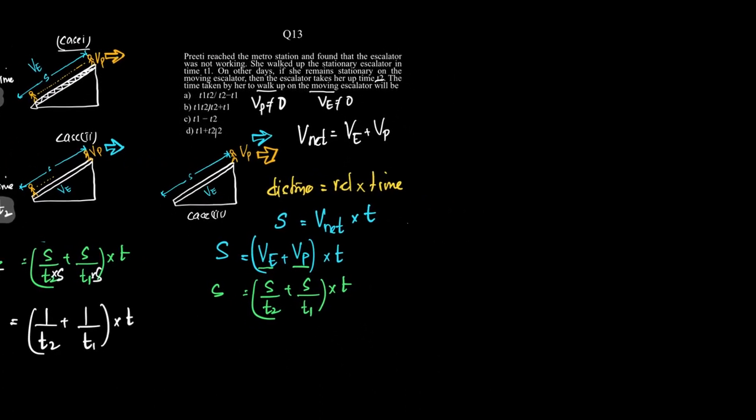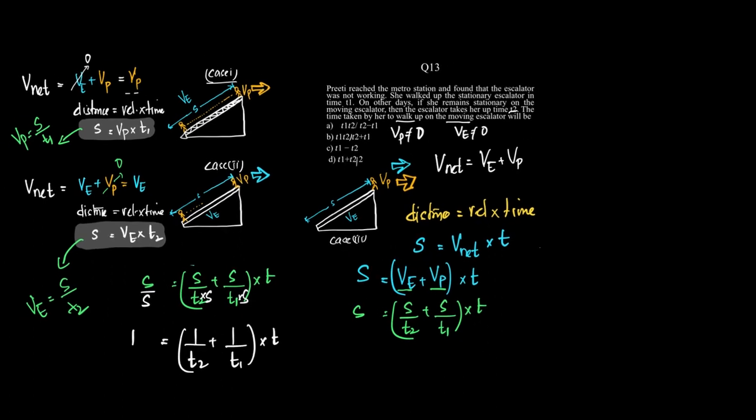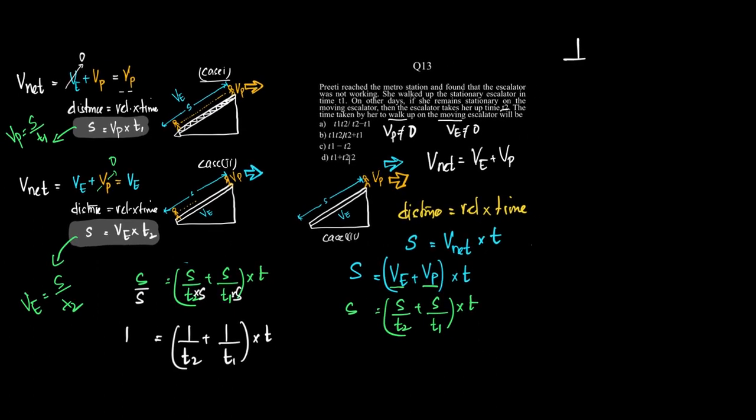So we need to make use of that equation again. 1 by t will be equal to 1 by t2 plus 1 by t1.